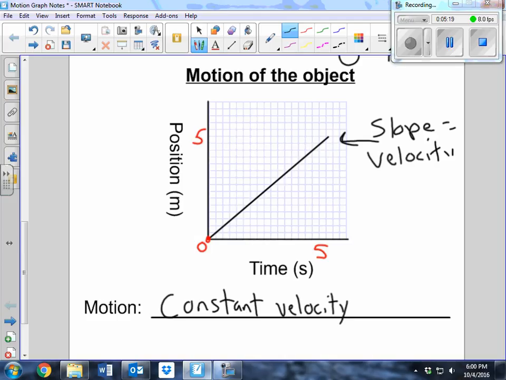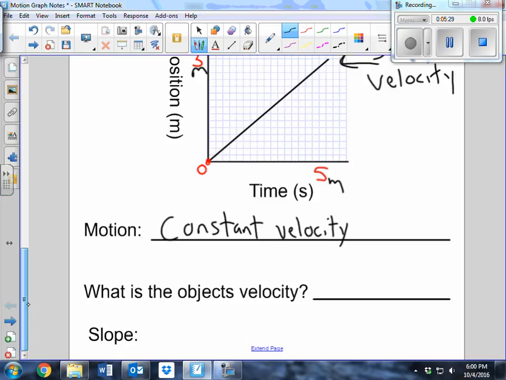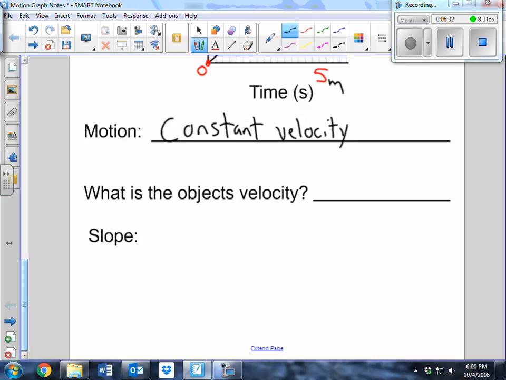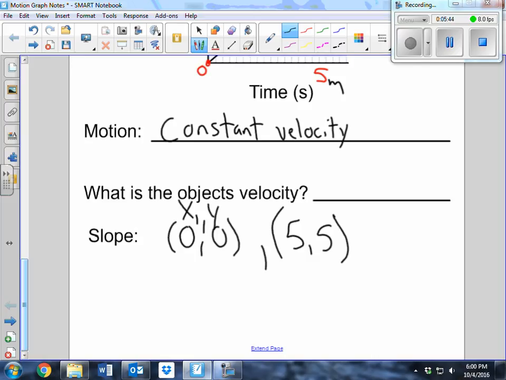And if you figure out the slope, that will tell you the velocity that it's moving at. So in this case, I have 5 meters and 5 seconds, and we're actually going to figure out the object's velocity by using the slope. So once again, we pick 2 points. Let's just pick the origin. We have (0, 0), and then we have (5, 5). And once again, I didn't use units, which I'll get to in a second, but I'm just reviewing how to do the slope. That should be x1, y1, x2, y2. So this should be familiar for you, how to find the slope of a line.